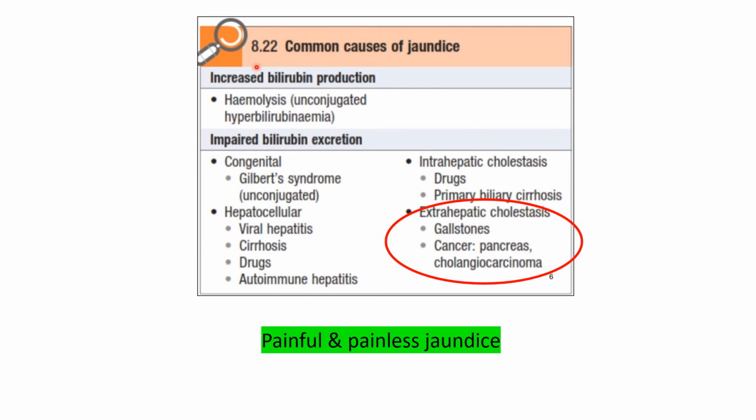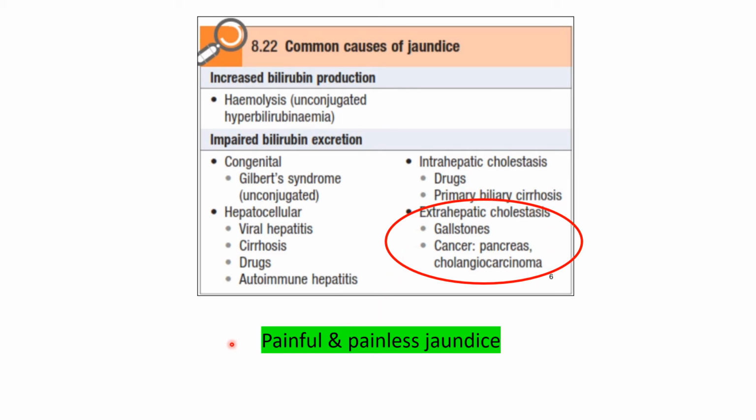These are the causes of jaundice in general: hemolytic jaundice, hepatocellular jaundice, and extrahepatic cholestasis or extrahepatic obstruction, which is the topic of discussion today. Gallstones, strictures, and cancers, pancreas, cholangiocarcinoma and ampullary carcinoma, are the common causes.